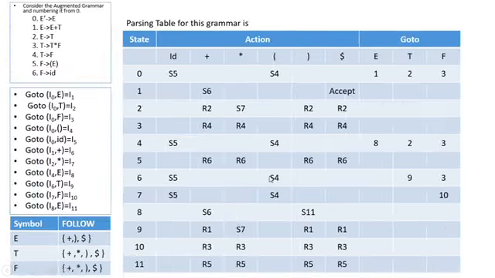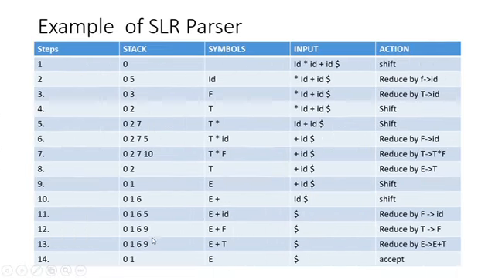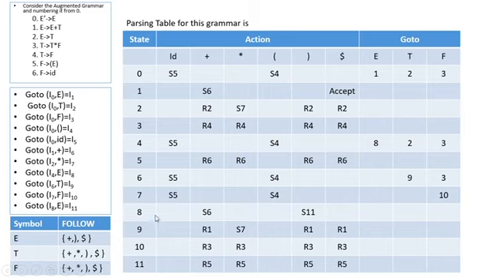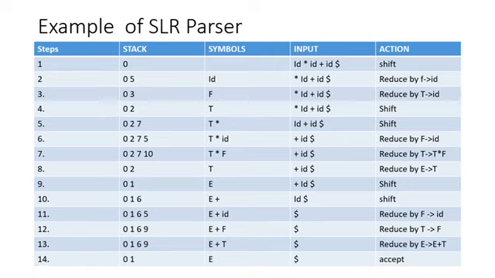6 with F is what? I think 6 with F is 9. Reducing 5, so 6 with F will give you 3.